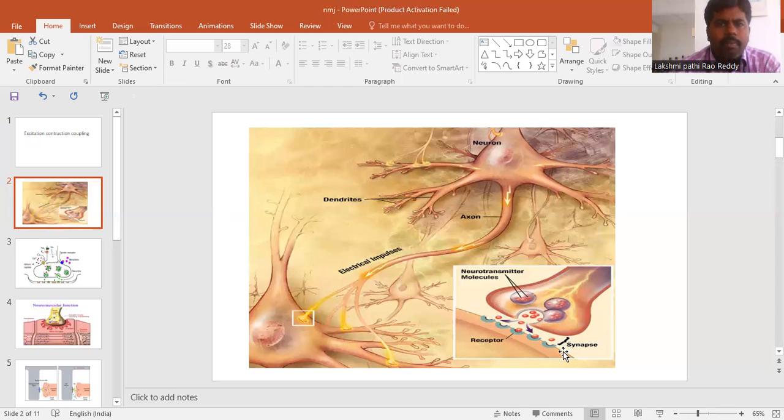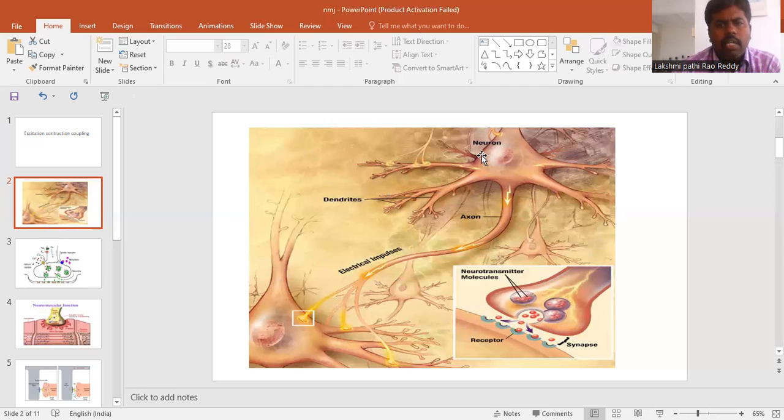In the presynaptic membrane, from the vesicles, the neurotransmitters are released, and they bind with the receptors present on the postsynaptic membrane. With the help of another diagram, we can see this.